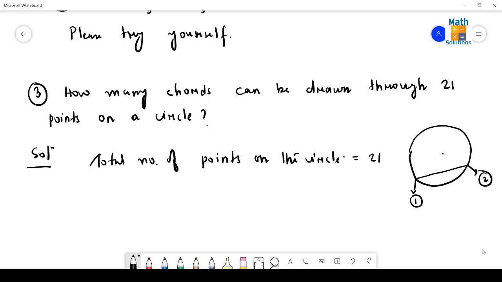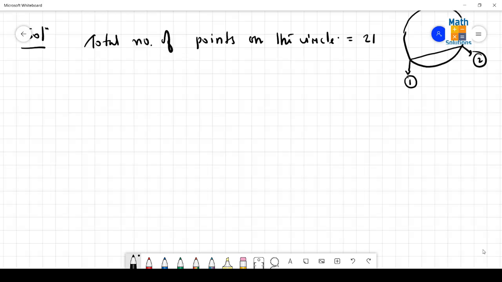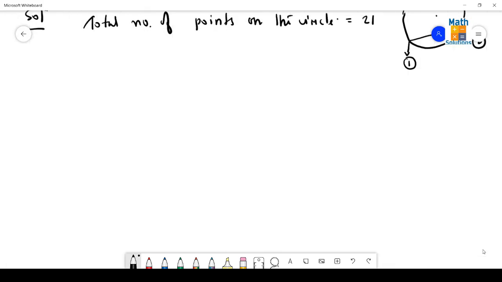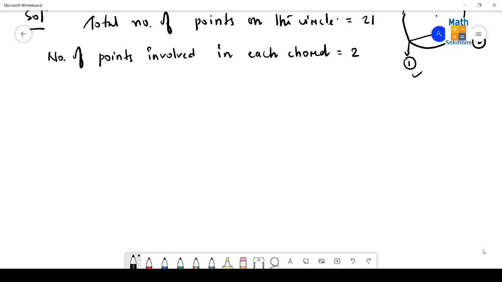After that, we shall write number of points involved in each chord equals 2, of course, because these are the 2 points involved. So in every case this will be applicable.